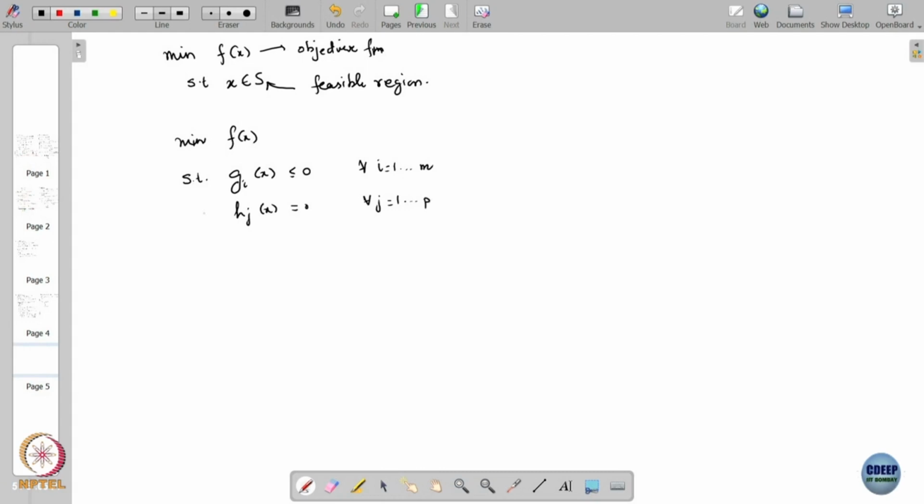So now you have defined an optimization problem using some additional functions. You have of course your objective function, but then you also have all these functions g_i and h_j. Just like f, they are also functions from R^n to R, and they are referred to as constraints.